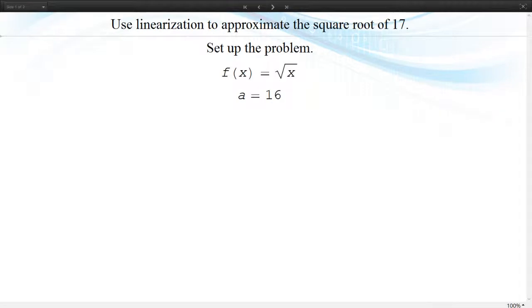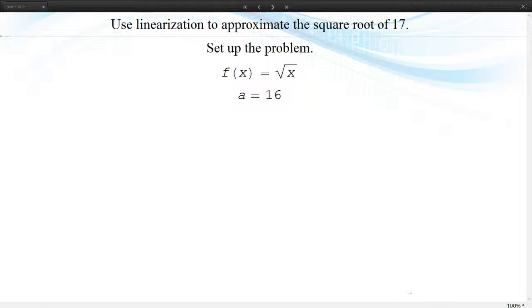So, to set up the problem for linearization, we're trying to get the output of the function to be the value that we're looking for. In Newton's method, you always set up your function so that a root of your function is the answer to your problem. But for linearization, you're going to set it up so the y value of your function is the solution to your problem.